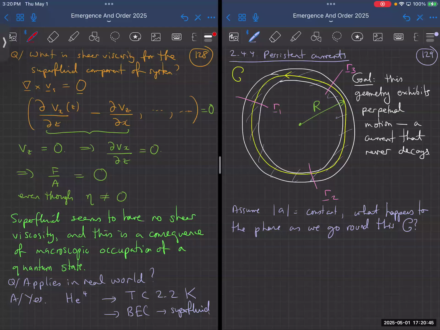That's the question. And what we're going to see next time, with just a couple of lines of algebra, is that this thing can have currents that go around and never decay.